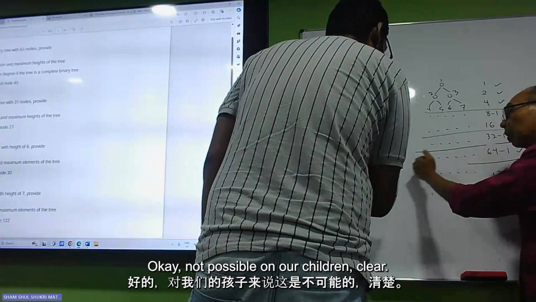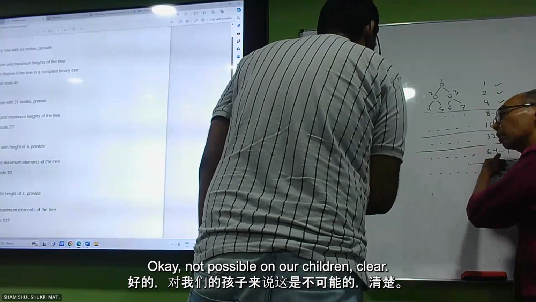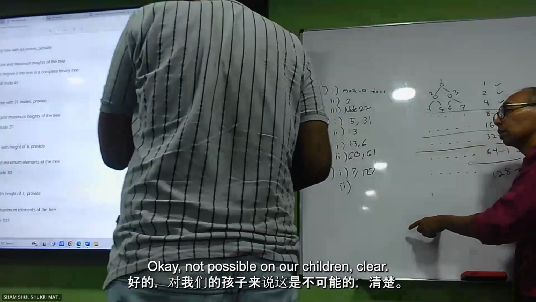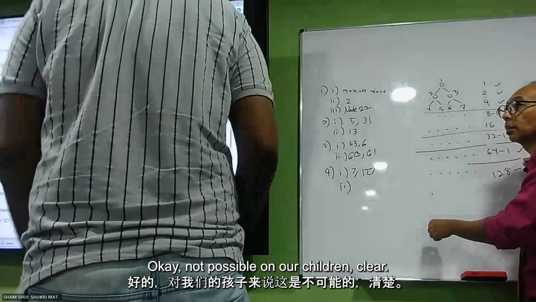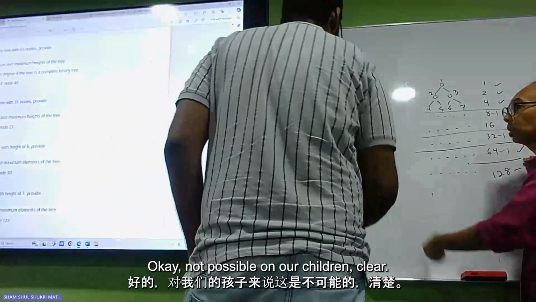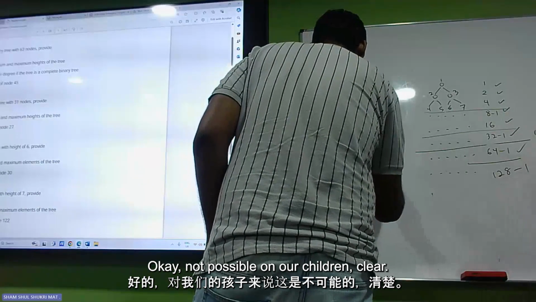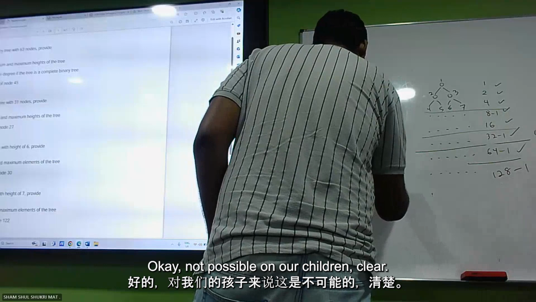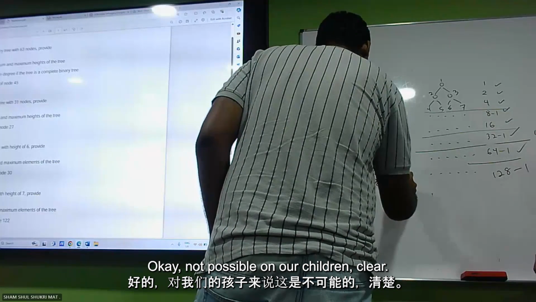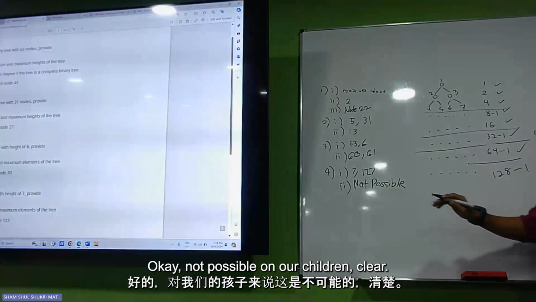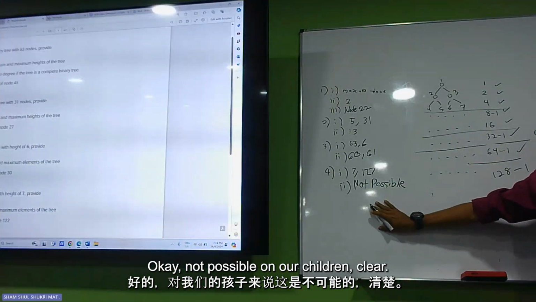Because you are looking at the last level, okay, not possible, or no children. Clear? Okay.